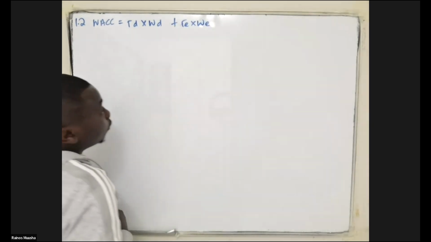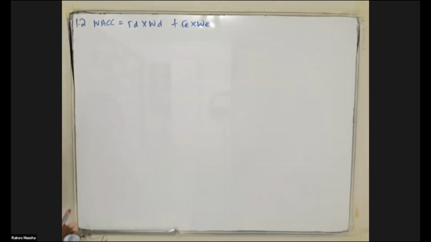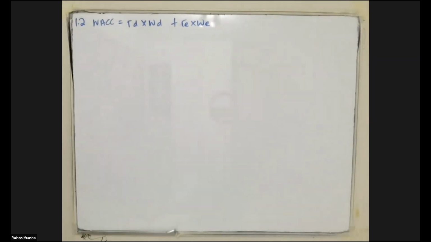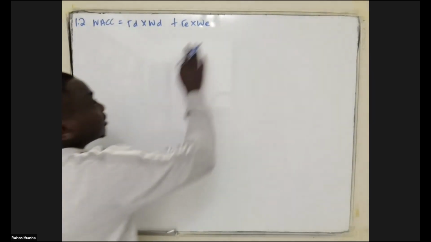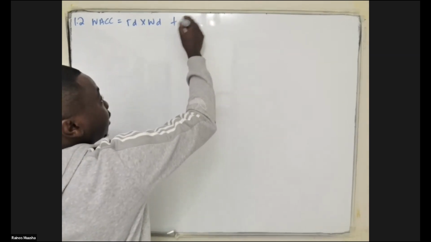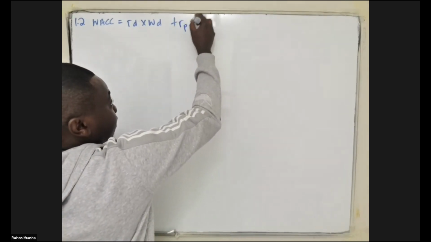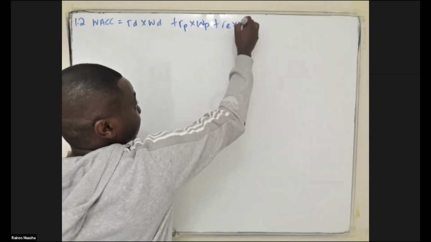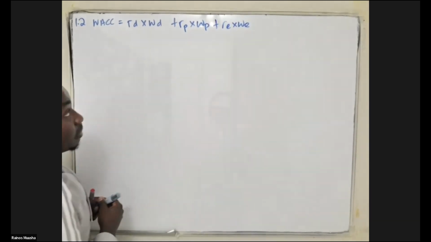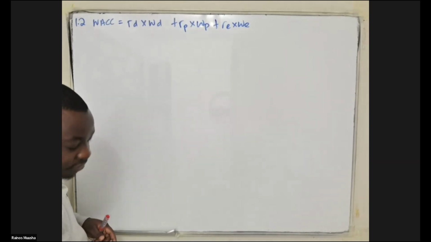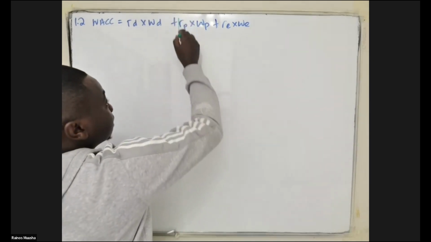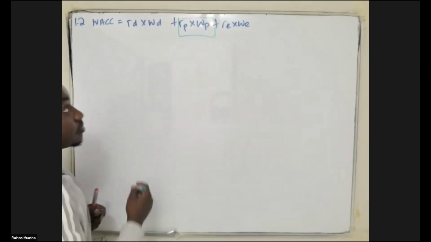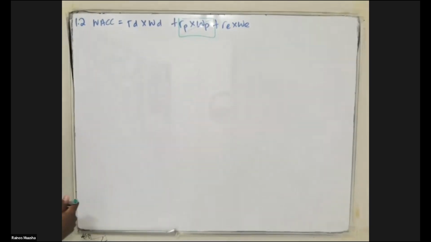In this case, we're ignoring preference shares because we're not financing with preference shares. If we were financing with preference shares, it would be the cost of preference shares times the weight of preference shares plus the cost of equity times the weight of equity. But since we are not financing with preference shares, we are leaving this part out.